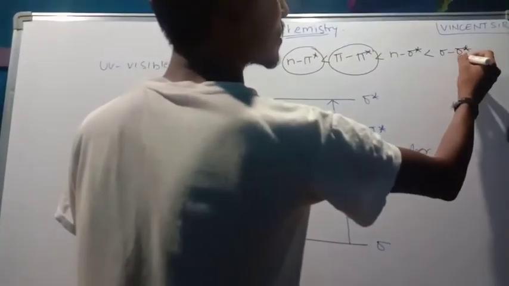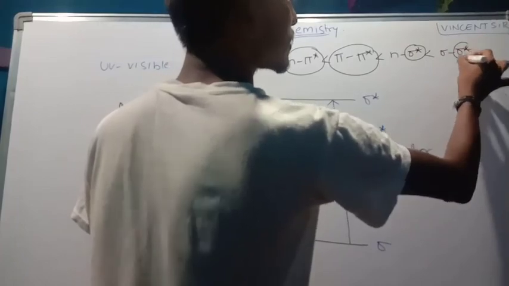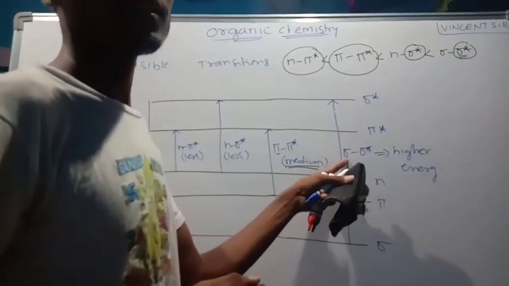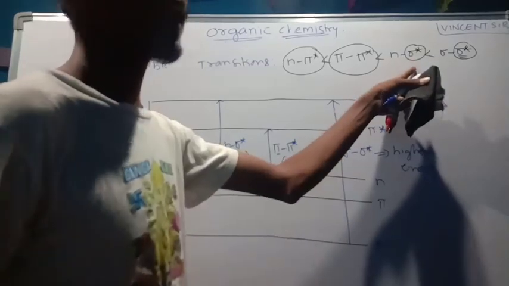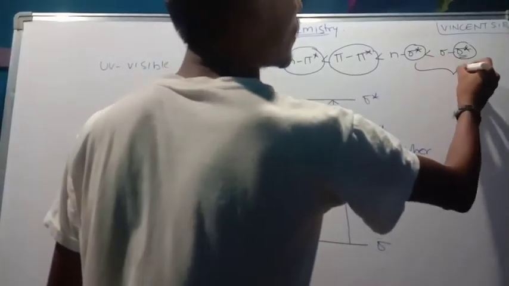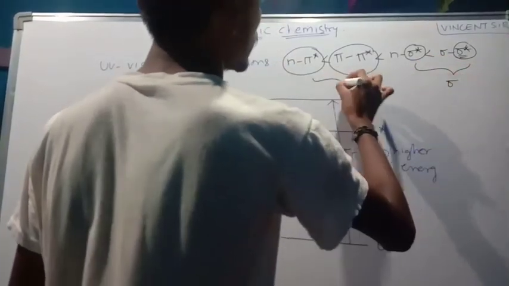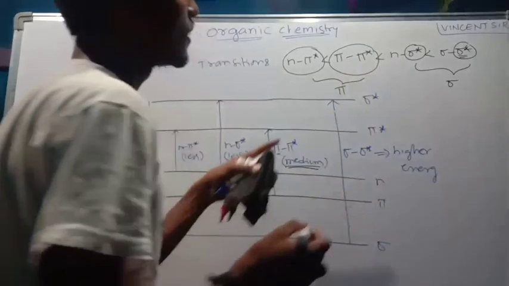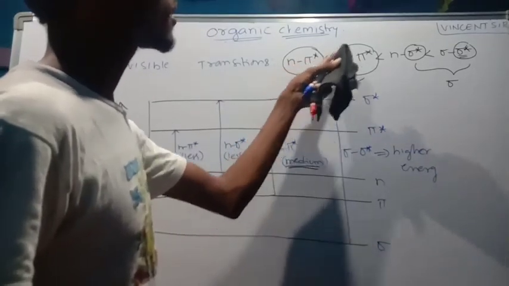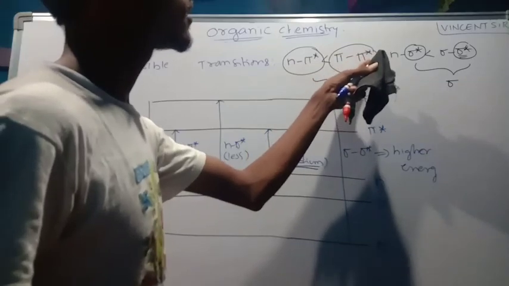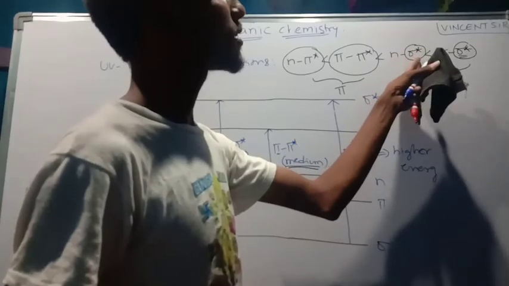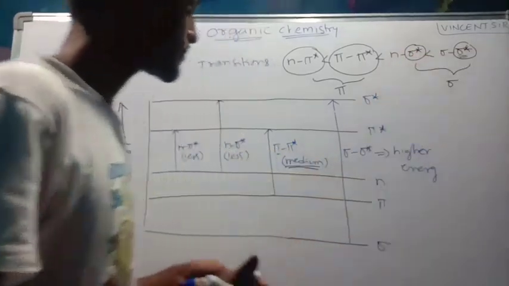Sigma is always last. Sigma transition is always last due to the strong interaction along the internuclear axis of the atoms. The energy order is like first pi bonding, lone pair with pi and pi star, then sigma bonding electrons, lone pair with sigma star, sigma with sigma star.